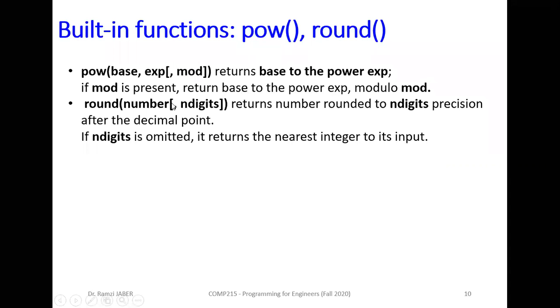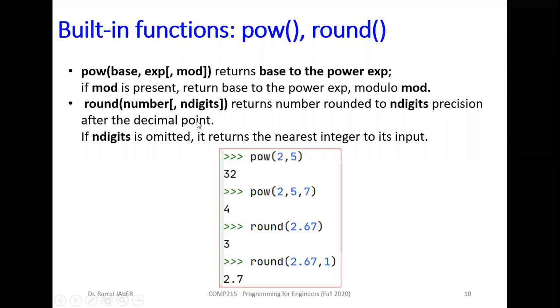Round: number, and optional comma and digits. Returns number rounded to n digits precision after the decimal point, decimal. If n digits is omitted, it returns the nearest integer to its input, like rounding up, rounding down.